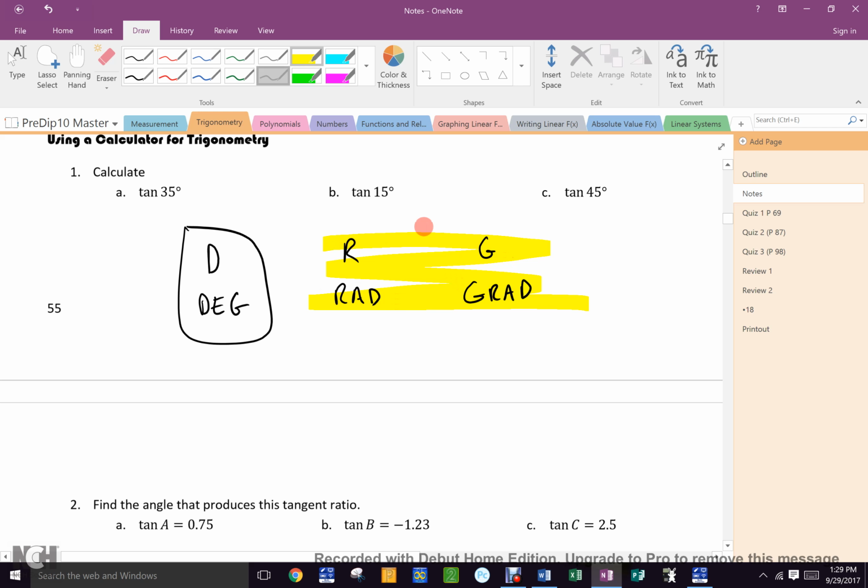If it shows one of these, find the button that says DRG and push it until your calculator shows a D or a DEG. Got it. Thank you, Mr. Meyer. Is everybody's calculator showing D or DEG?